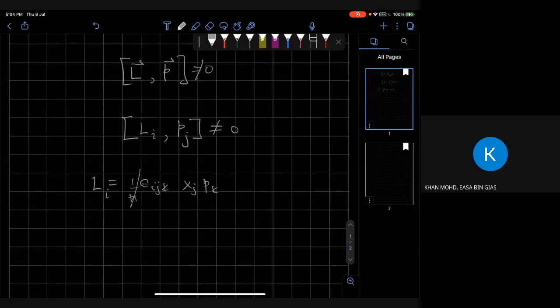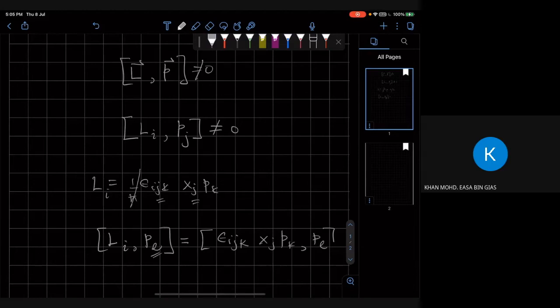So now if I take L_i and say p_l, I'm taking l here because I'm going to use the index j as a dummy index to be summed over. And that is equal to epsilon_ijk x_j p_k, and this is p_l.